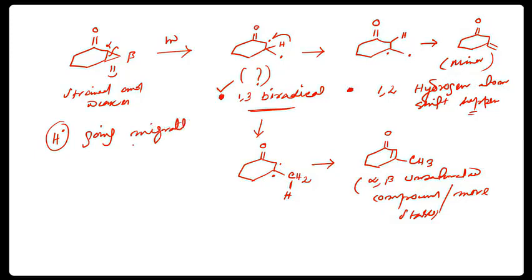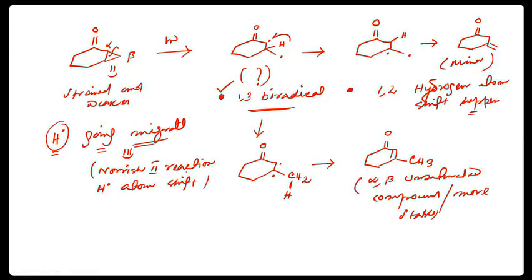So if the question is asked in such a way, in which reaction H dot migrates, we need not worry. Definitely the answer is Norrish type 2. Never forget this point. Whatever question comes on whatever fundamental points, based on my previous discussion and today's discussion, you can answer all of them. So in Norrish type 2 reaction, hydrogen atom shift happens, not hydride. It was a slip of the tongue.